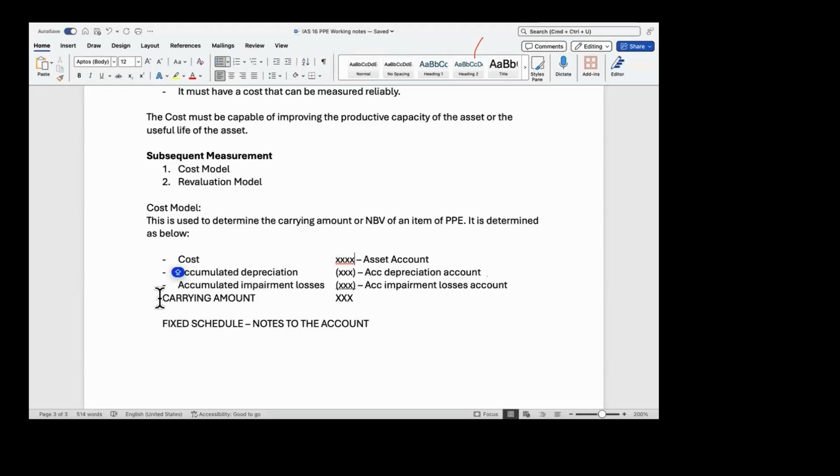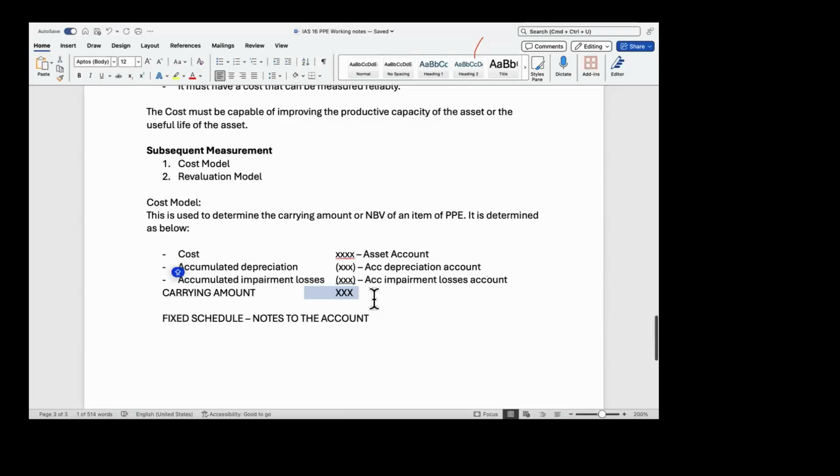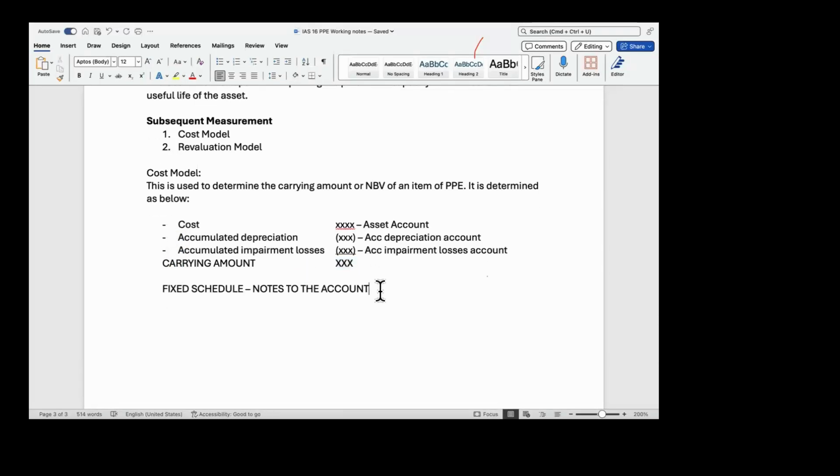For you to get the value of an asset, you will need a fixed asset schedule where you would pick up the cost from the asset account, remove accumulated depreciation, remove accumulated impairment losses to determine carrying amount. I hope that is gotten. Before I go deep into this one, because I've already explained this, I will just need to explain this depreciation.